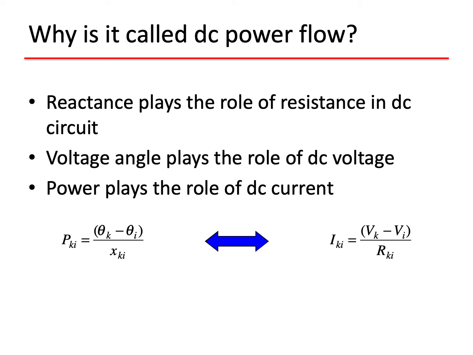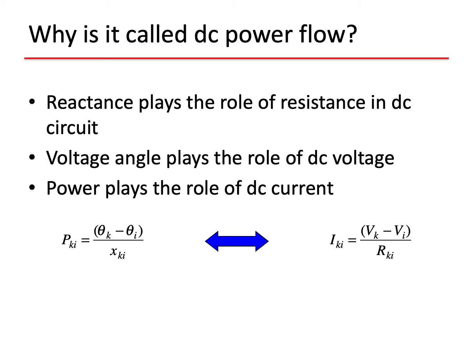You may wonder why it is called DC power flow when we're actually modeling an AC network. Well, you can make an analogy between the simplified equations and the equations of a DC network. The reactance in this analogy plays the same role as the resistance in a DC circuit. The voltage angle plays the same role as a DC voltage magnitude. Well, there is no such thing as a voltage angle in a DC network. It's just a DC voltage magnitude.